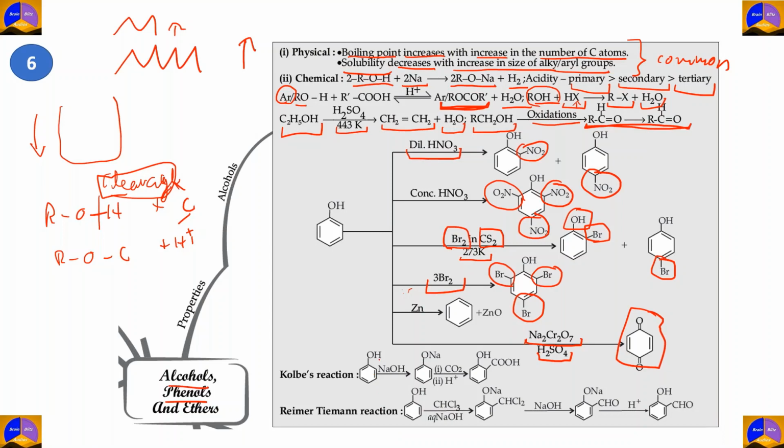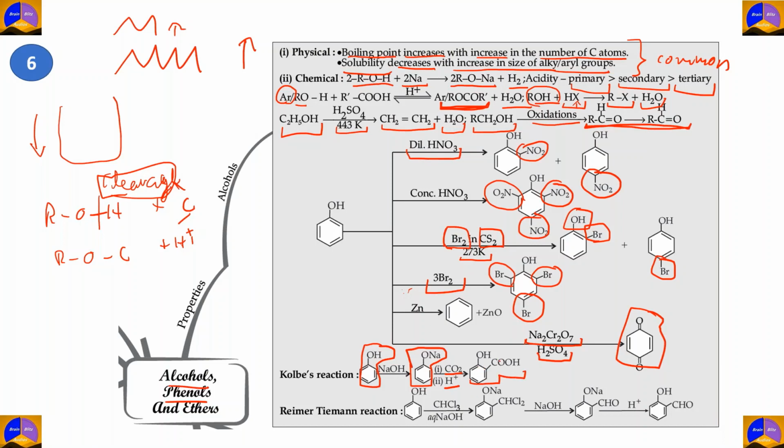In Kolbe's reaction, the phenol in the presence of NaOH changes to sodium phenoxide, which in the presence of carbon dioxide gas and acidic compounds such as HCl, which means there's an increase in H+ ions, would change to ortho-hydroxybenzoic acid.